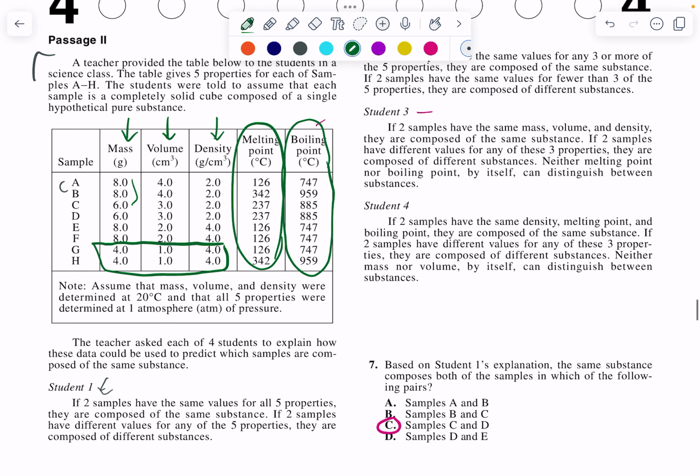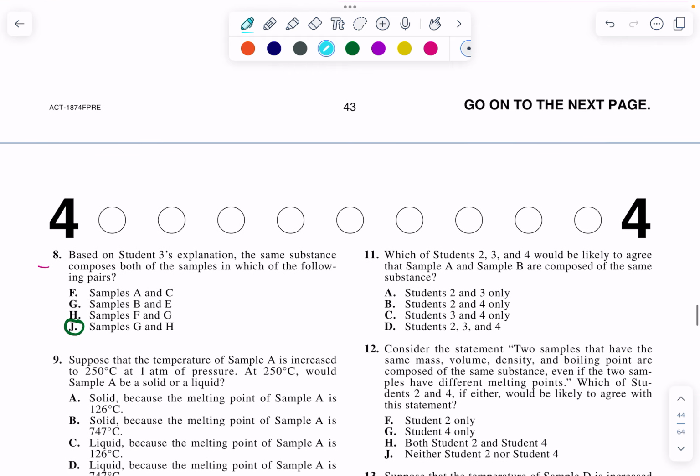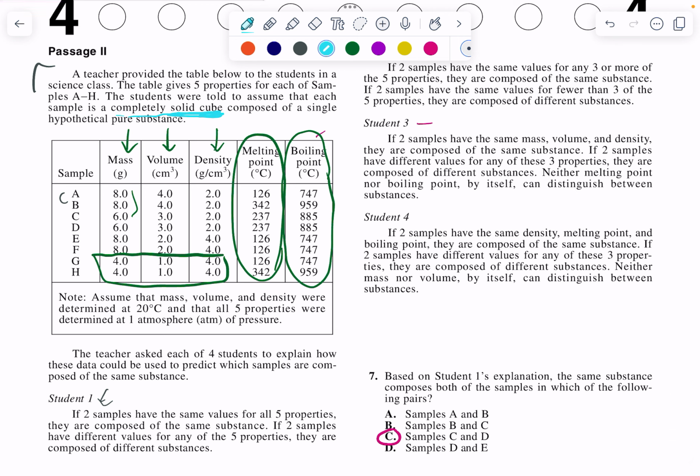So if you remember, it says that each sample is a completely solid cube. So as you heat things up, it could melt. So number 9 is asking about sample A. It's increased to 250 degrees. So sample A melts at 126 degrees. So once you've passed that, it's now a liquid.